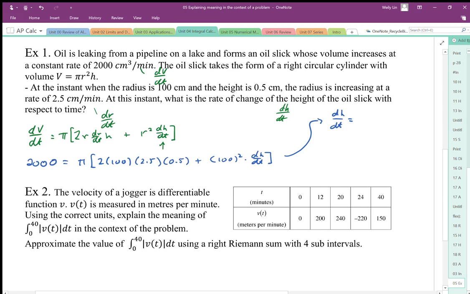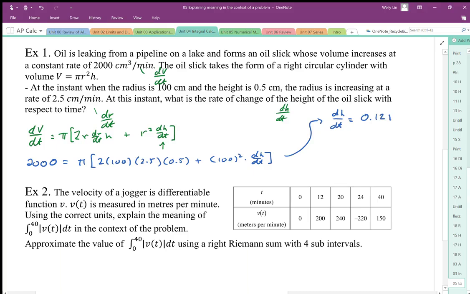So we're going to do 2,000 minus that's 200, 500, 250 it looks like, 250 pi, so minus 250 pi, divided by, looks like 10,000 here, 100 squared, so 10,000. Okay, and I end up with dH by dt being 0.1214, so I'm just going to round that to 0.121.